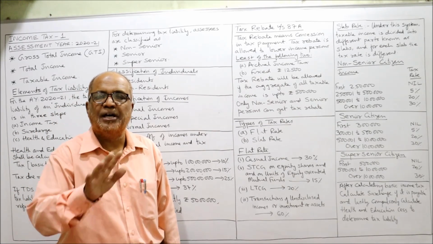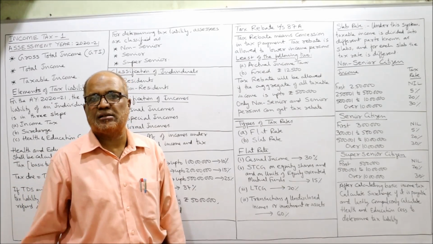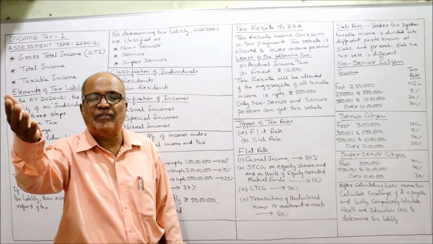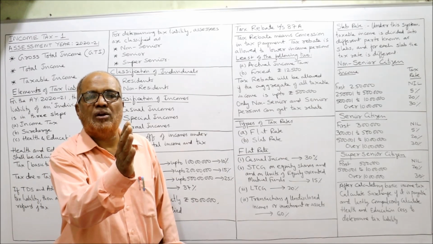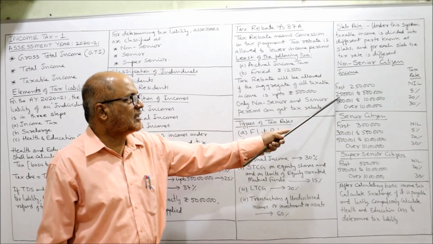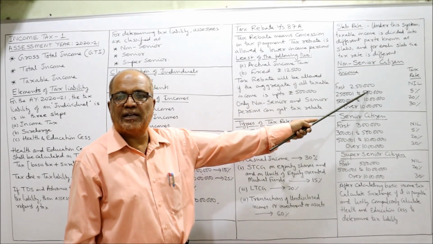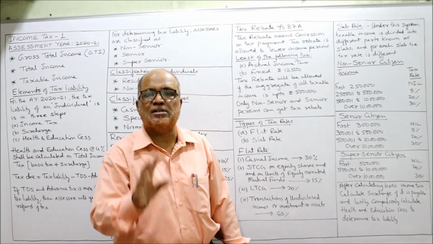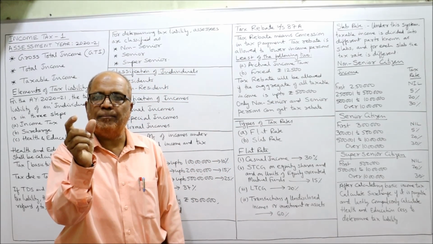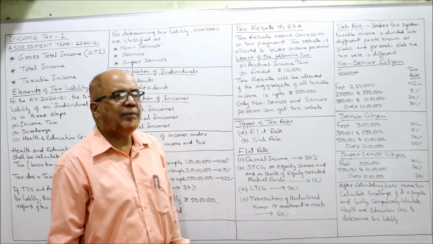This is the first slab, nil rate, no tax. Above 2,50,000, that is 2,50,001 to 5 lakh rupees, second slab, the tax rate is 5%.